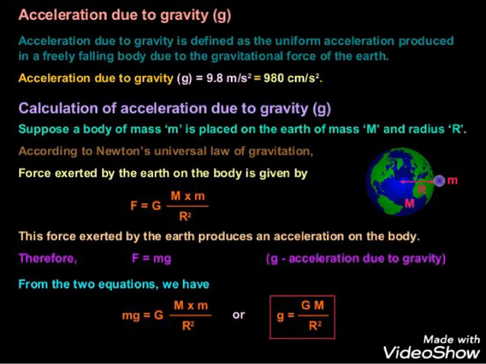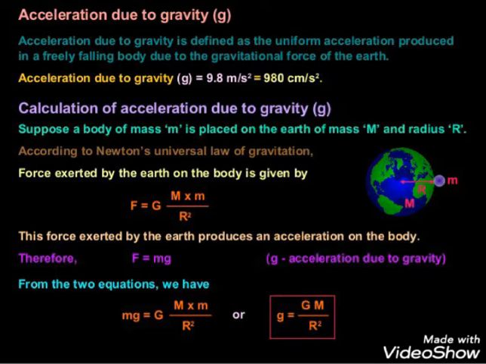The small g, that is acceleration due to gravity, is defined as the uniform acceleration produced in a freely falling body due to the gravitational force of the earth, and it has a fixed value of 9.8 meters per second square. Its value is fixed. Now, how did this value come?